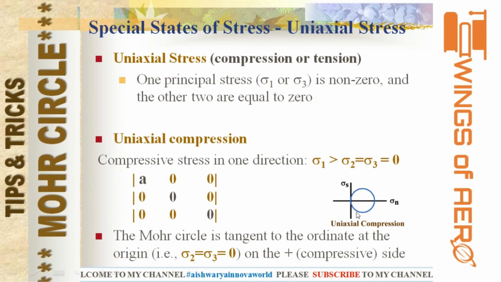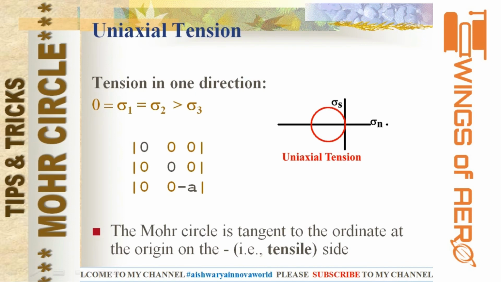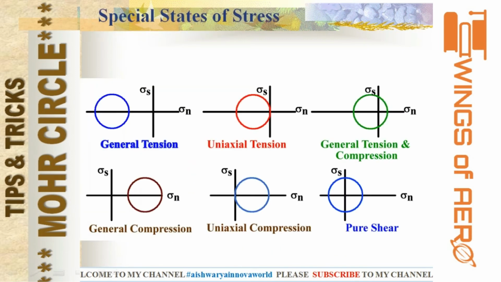This is a positive quadrant and this is a negative quadrant. Similarly, for uniaxial compressive stress, you will have a negative here. So this is a summary of uniaxial tension and uniaxial compression stress.